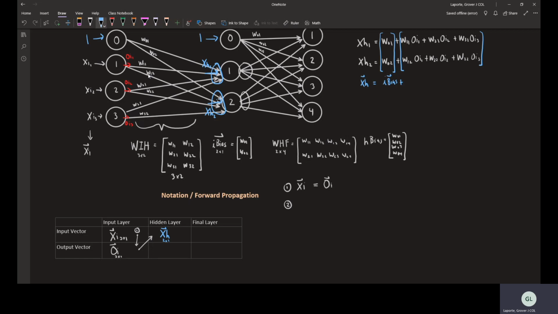The thing that is W11 times OI1, W21 times OI2. Well, let's take this matrix out and just do the matrix multiplication. So W11, W21, W31, and then 1, 2. So what we're doing is taking all the W's out, and we're multiplying it by the vector OI1, OI. I'm going to need more space.